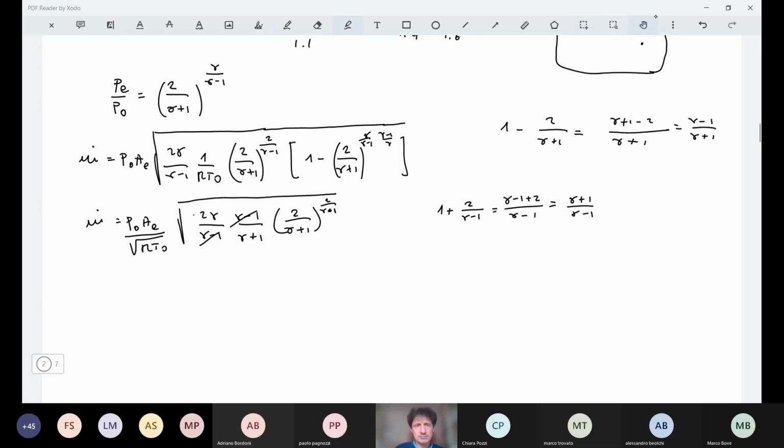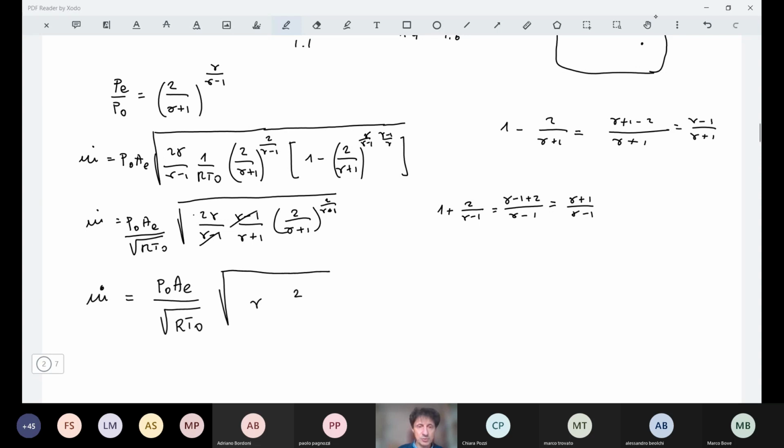this 2 over gamma plus 1 and this 2 over gamma plus 1 here. So we can, but you see, we can go back and express this as that multiplies square root of gamma and 2 over gamma plus 1 to the power gamma plus 1 over gamma minus 1.